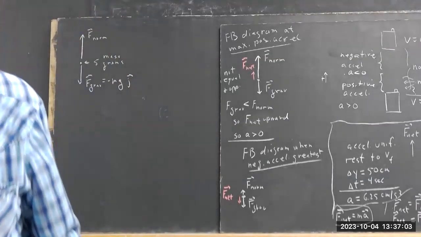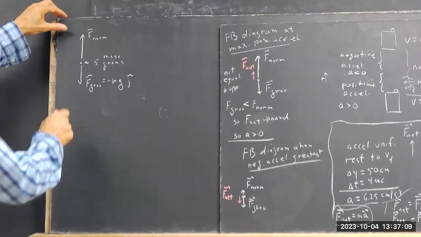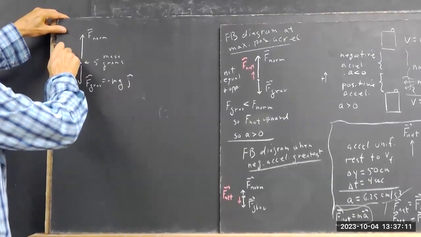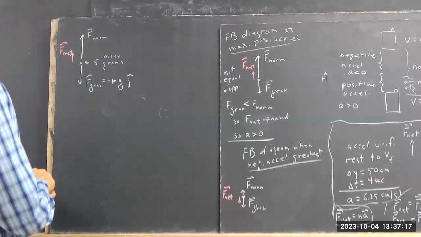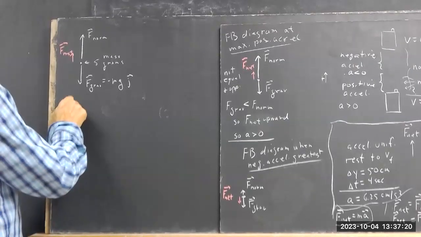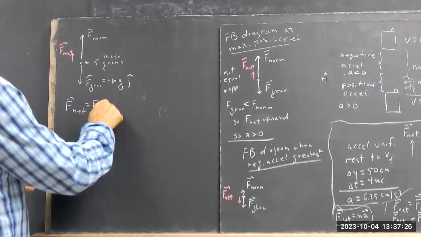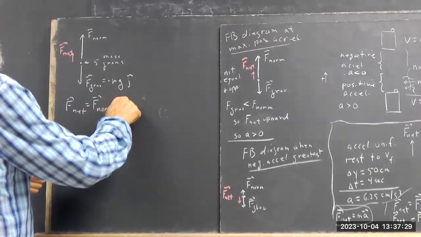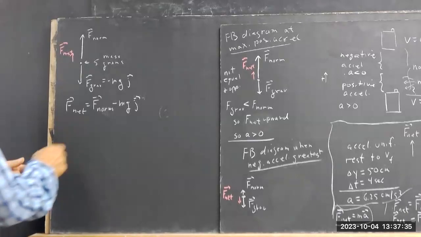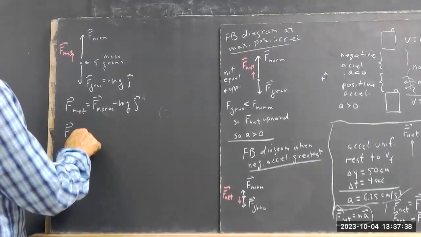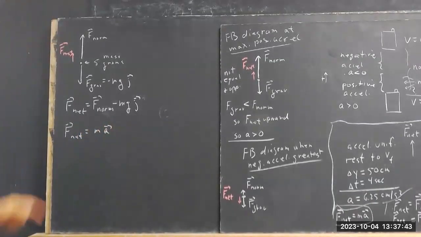And we also have net force is normal force minus mgj, and F net equals mass times acceleration.